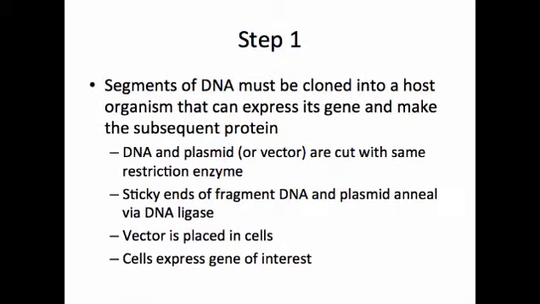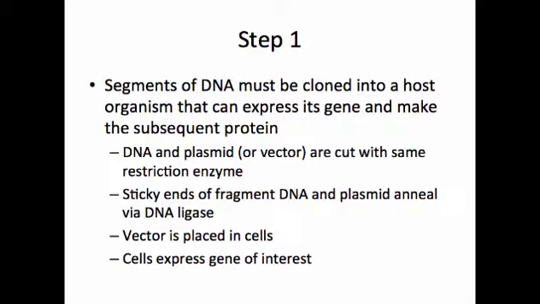So the steps of what we just saw to be able to use DNA and manipulate DNA: the first step is being able to put our gene of interest, or to put that DNA, into an organism that can either replicate the DNA or make subsequent proteins with it.